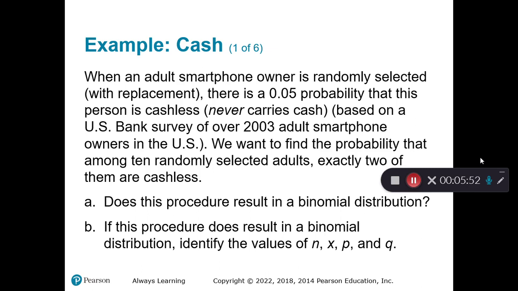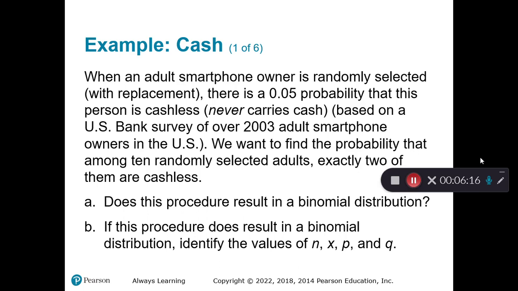Doesn't ever carry cash. And this is actually data coming from the US Bank survey that included over 2,000 adult smartphone owners in the US. If we take this information to be true, we want to find the probability that among 10 randomly selected adults, exactly 2 of them will be cashless.